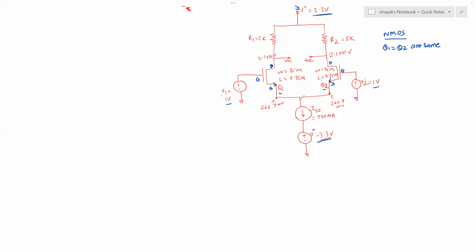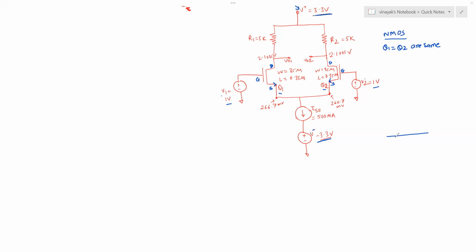Now, when you have the MOSFET, based on its cross section, it has a width and it has a length. Okay, so remember the cross section of the MOSFET looks like this.